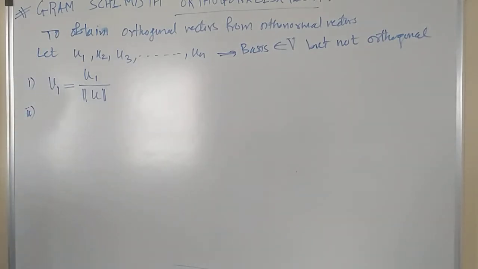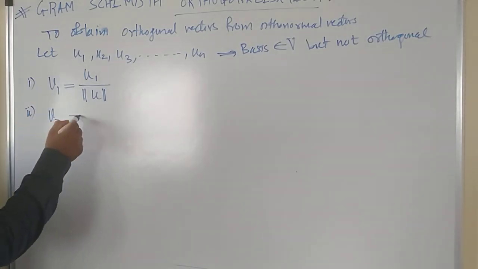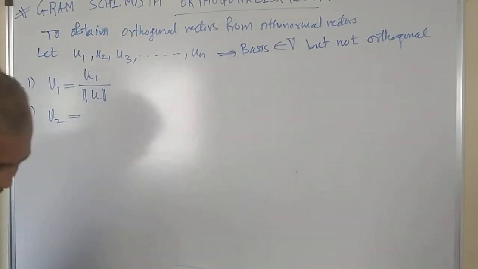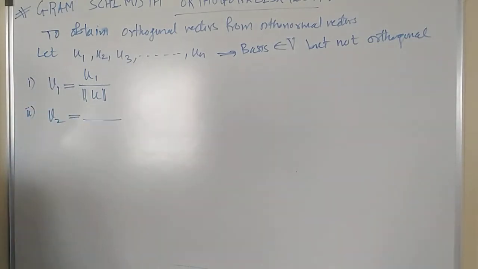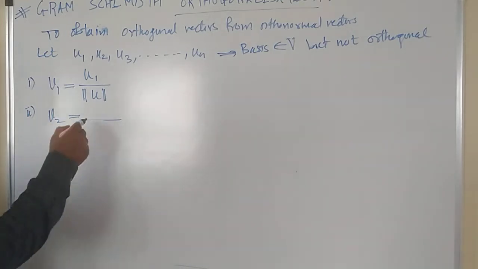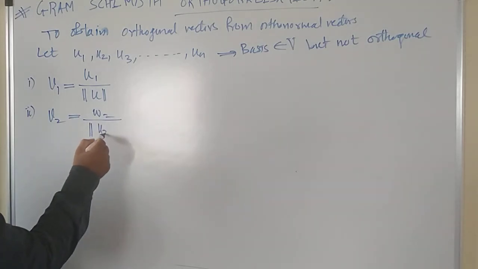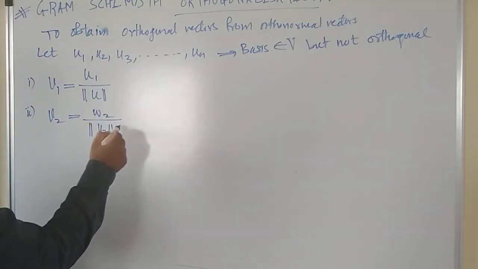The second, you have to calculate the second vector v2. To calculate v2, you must write v2 is equal to w2 divided by the norm of w2. Now what is w2?